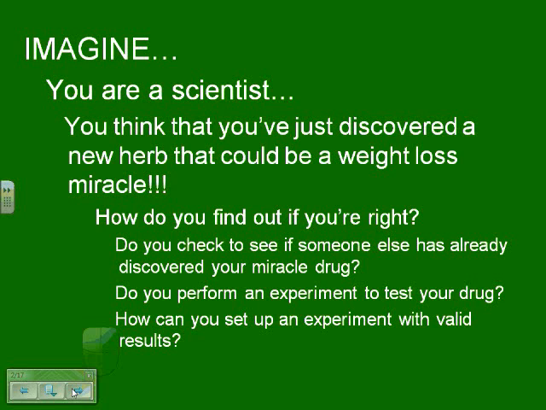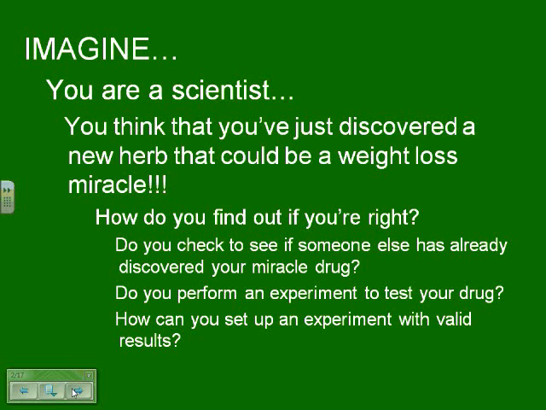So you want to find out whether this is really your discovery, whether this is going to be your big ticket to fame in the scientific community, and if you're really the one discovering it, or someone's already found this weight loss herb and already begun investigations into it.